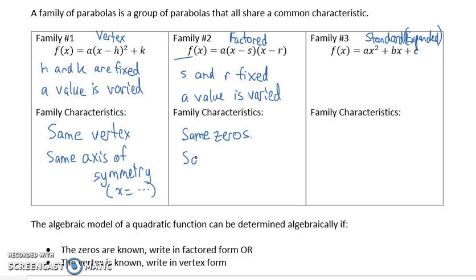And you could also note that they would also have the same axis of symmetry. For the same reason as before, we know the midpoint between the two zeros has to be the axis of symmetry.